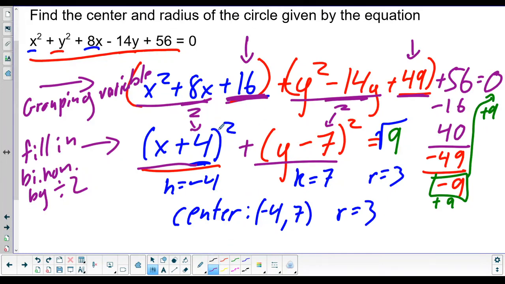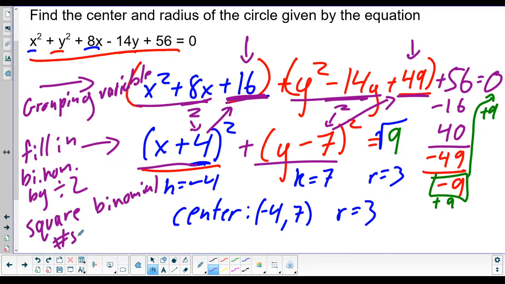Then we have to go backwards. We have to fill in these 2 blanks we had. You just square those numbers we found and fill them in. So we're going to square binomial numbers to fill blanks. Okay.